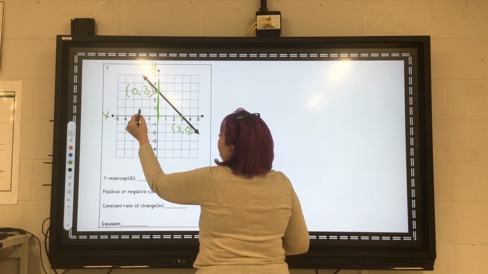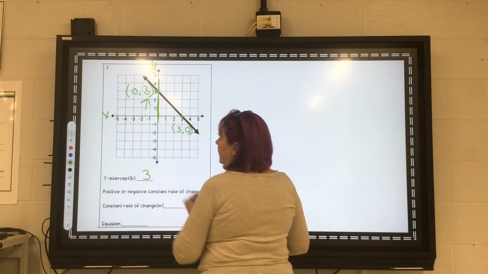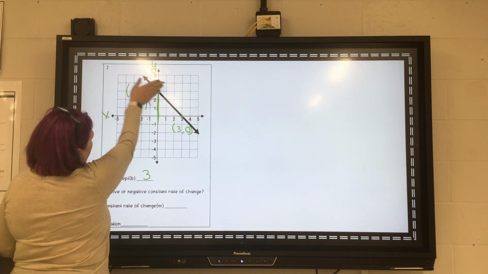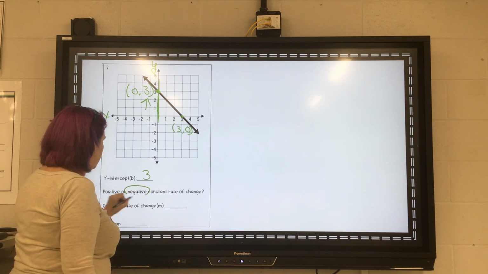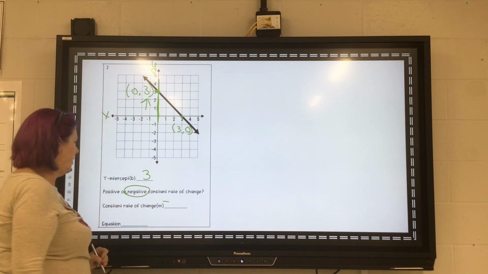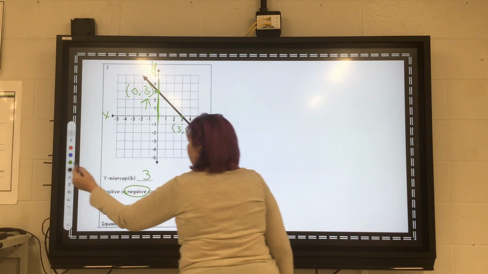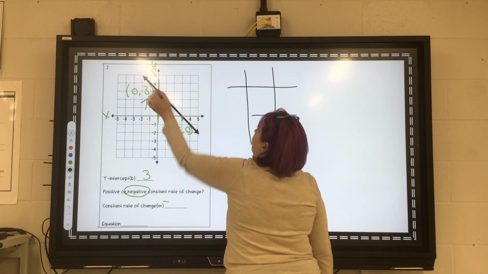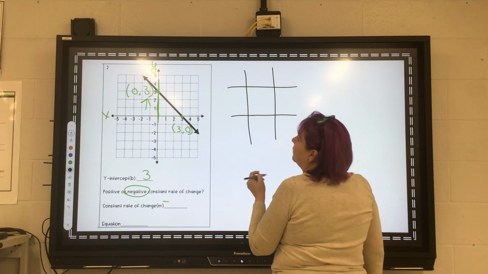So there's my 2 points, but here is my y-intercept, so I know that's going to be 3. Notice that my line as I'm going left to right is going down, so it's going to be negative. So that means my constant rate of change is going to be negative. Now I've got all the information I need. I only have to pick 2 points. I can pick any 2 points. I figured those were easier because they have zeros in them.